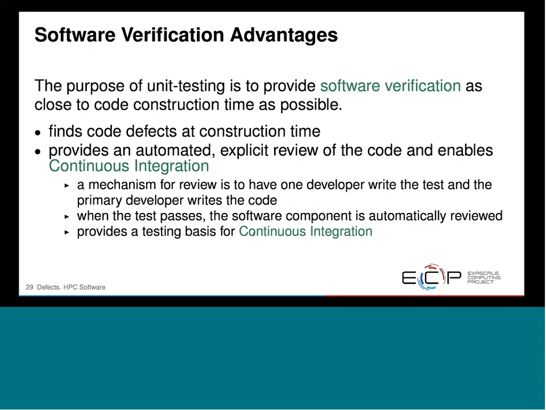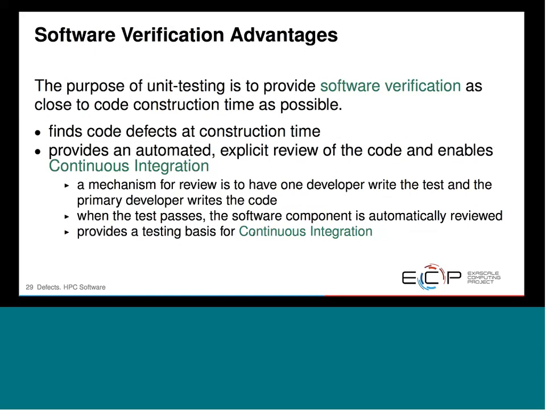Okay. So let me summarize what I've gone over here. The purpose of unit testing as we use it is to provide software verification as close to construction time as possible. Again, that's the key takeaway. Any concepts or methods you can use as part of your software development process that can help isolate and detect defects as close as possible to their introduction is just going to save you lots down the road.